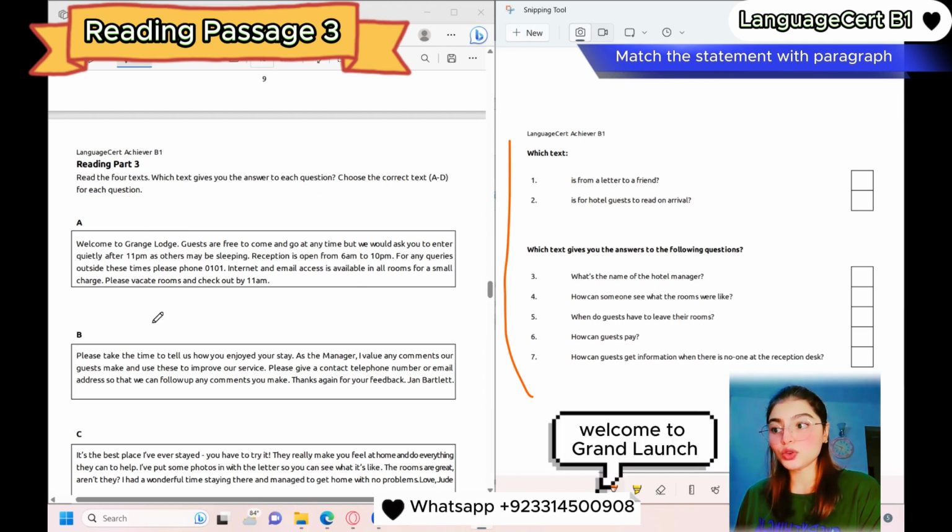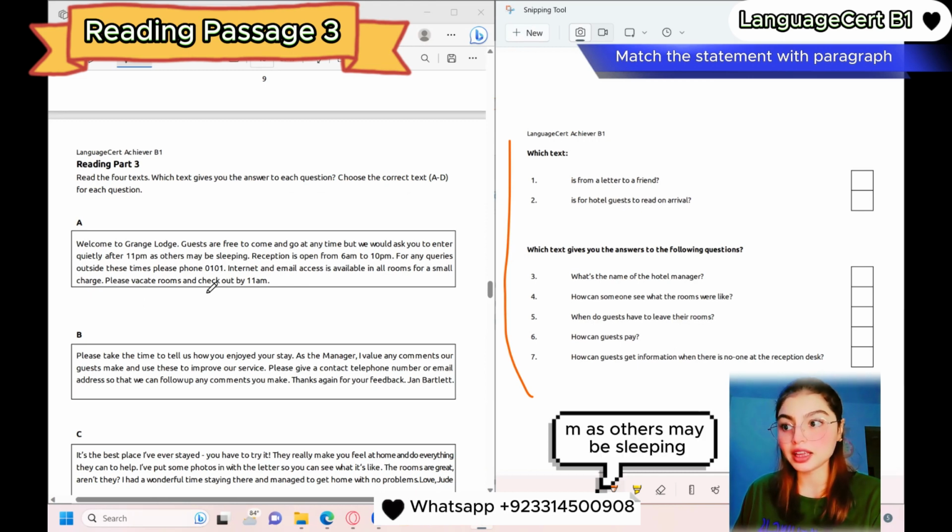Welcome to Grange Lodge. Guests are free to come and go at any time, but we would ask you to enter quietly after 11 p.m. as others may be sleeping.